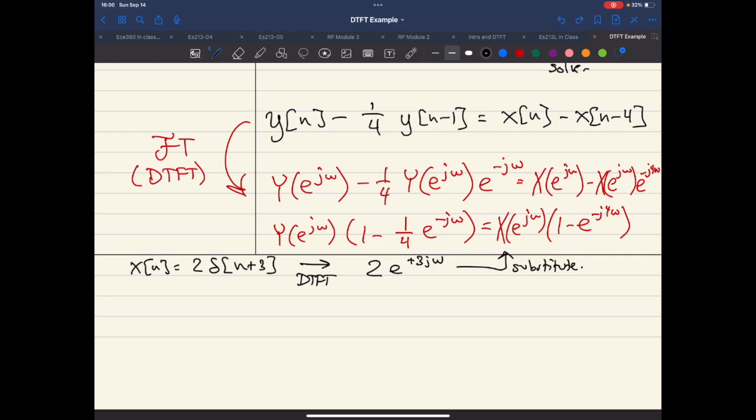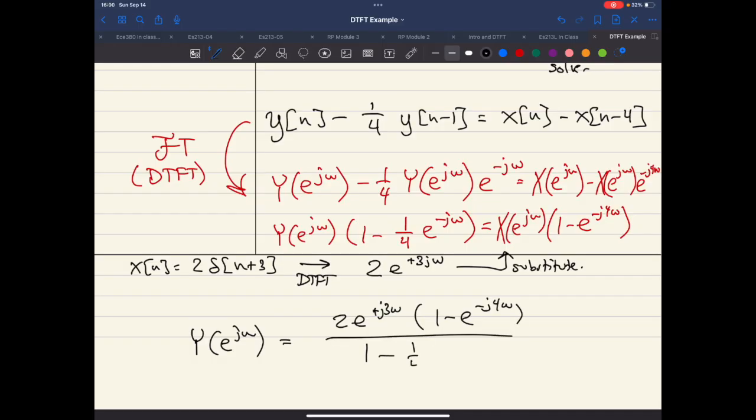We've got now Y of e^(j omega) is equal to this 2e^(positive 3j omega), 1 minus e^(minus j 4 omega). I know we got the order here wrong, but it doesn't really matter. And 1 minus a quarter e^(minus j omega).